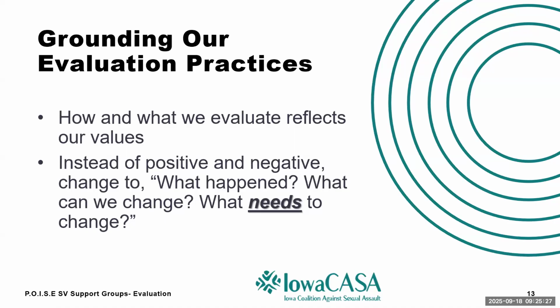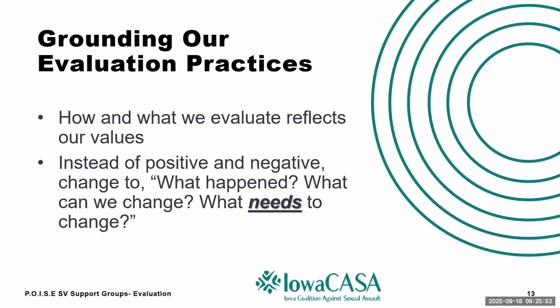What and how we evaluate is a direct reflection of our values and our services. And so, if we value being funded, if we value having a positive reputation in the community, if we value having good collaborations with our partners, that will also show up in who, when, and how we evaluate things.